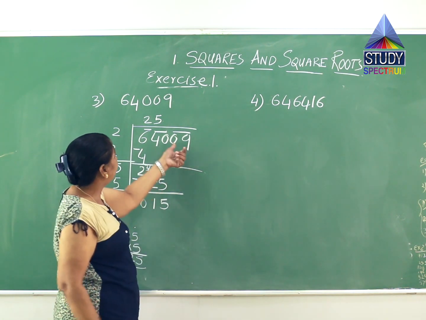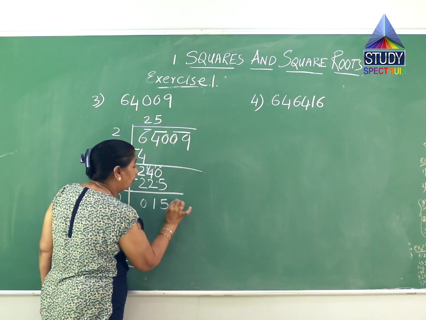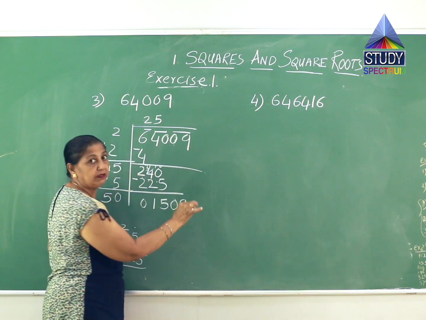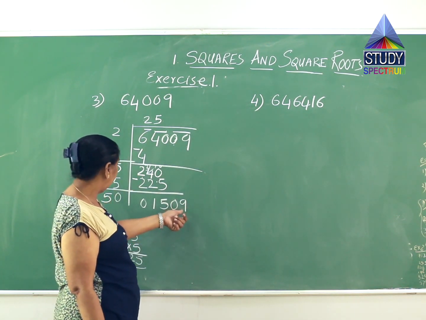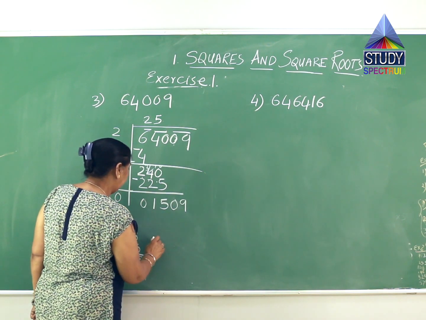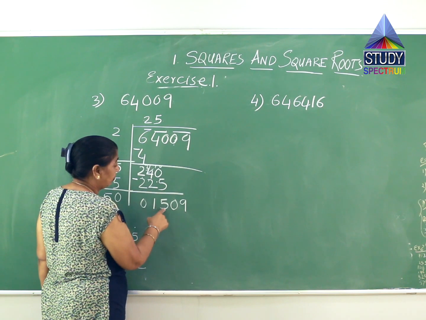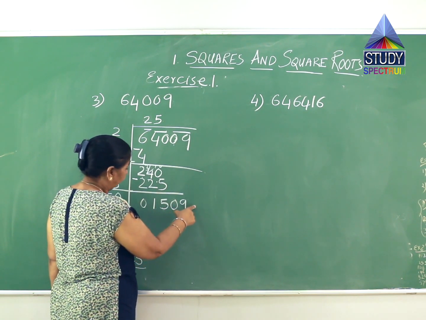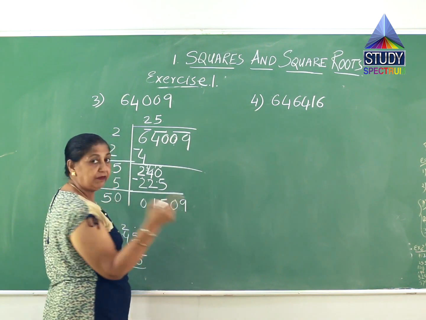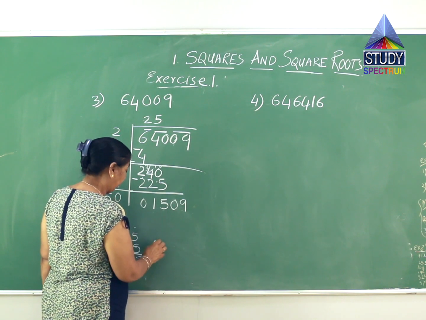Now the next step is that you have to bring this 0 and 9 over here. Now by using the divisibility test, you know that if 9 is the unit place and you have to add the digits 1 plus 5 plus 9, it gives me 15. 15 is a multiple of 3, so the whole number is divisible by 3.